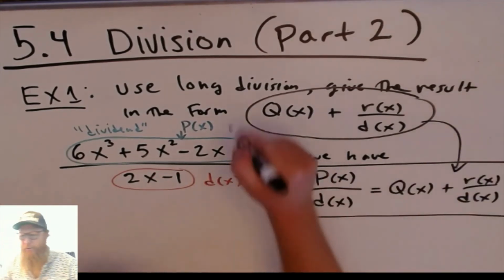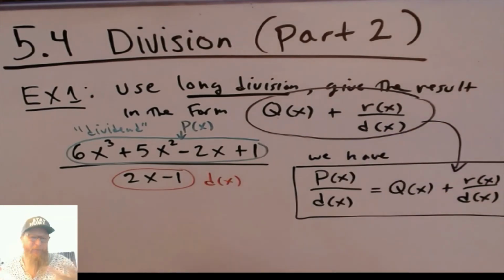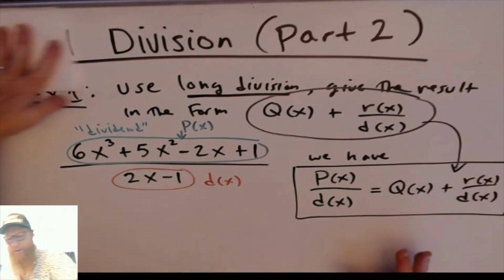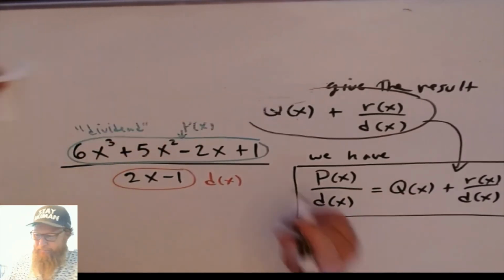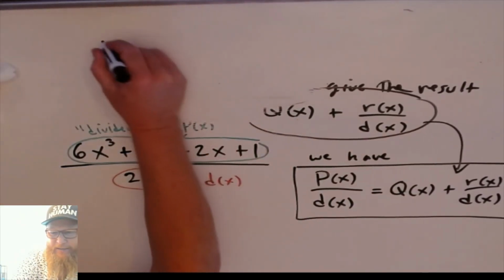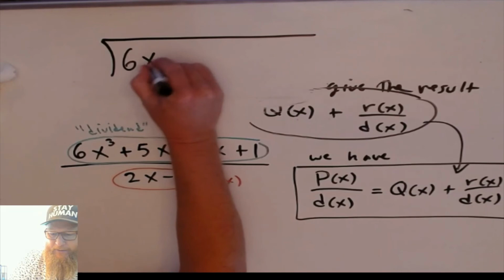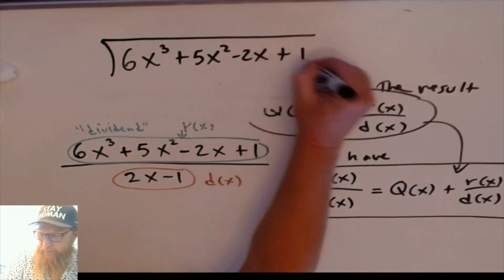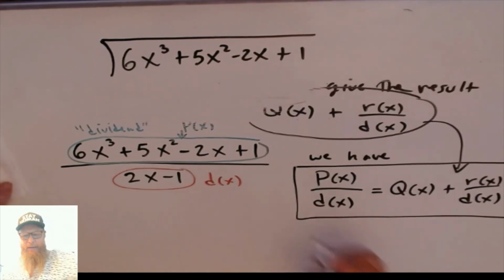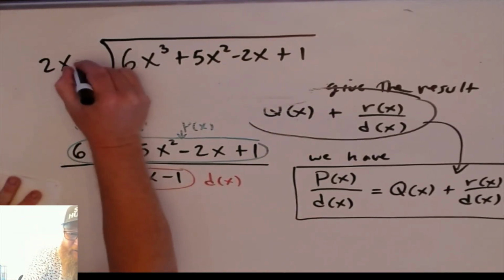So in order to do long division, give yourself a little bit of room to work. We've got our dividend, 6x cubed plus 5x squared minus 2x plus 1, and then our divisor is 2x minus 1.